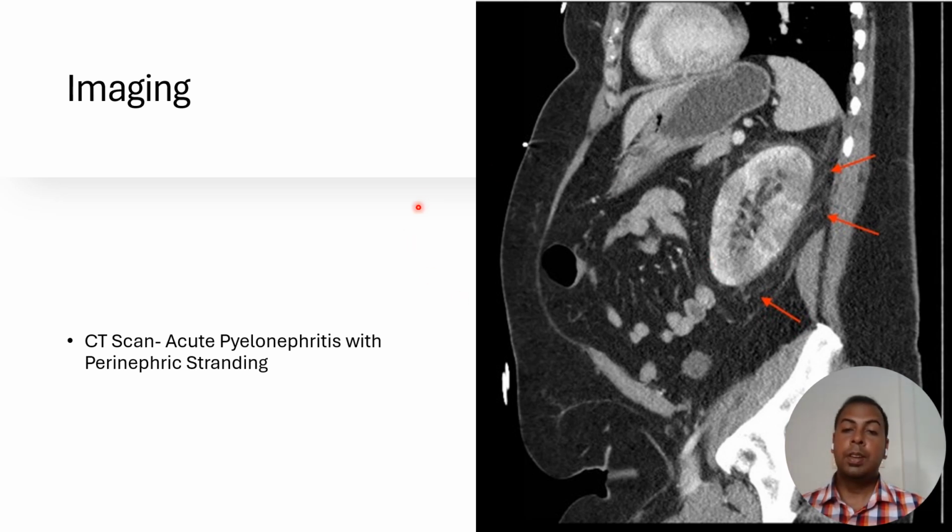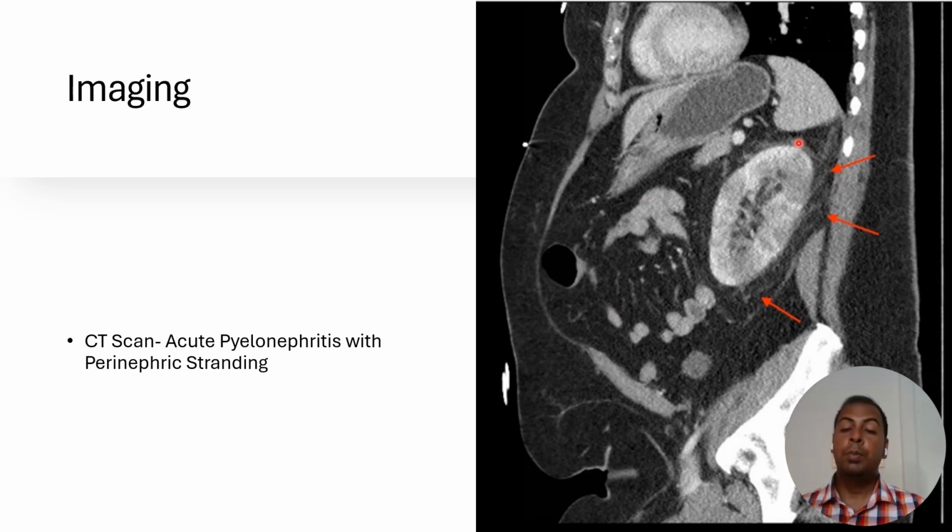So CT scans are really good in visualizing the kidneys. So in acute pyelonephritis, you may see the perinephric fat stranding. So this could be seen here on this CT scan image.